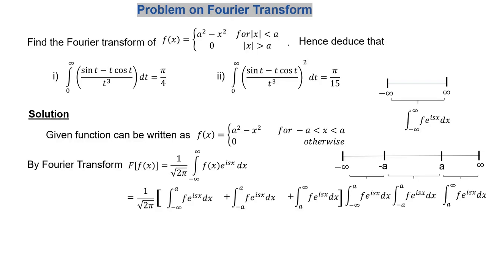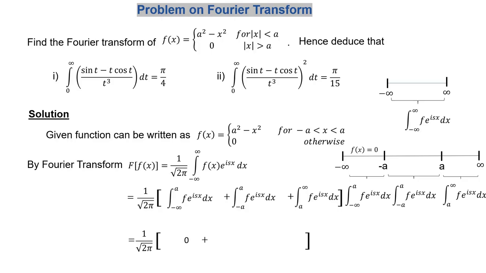Now we are going to substitute the function f(x) for these different ranges. From −∞ to −a, our function f(x) is nothing but 0, so the first integral becomes 0.